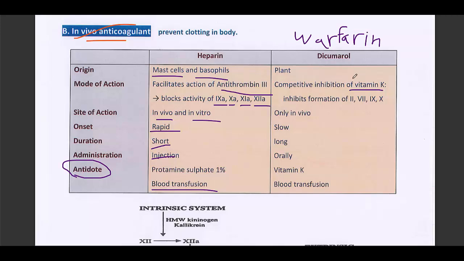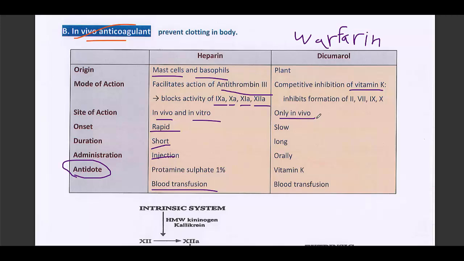Warfarin is the same as dicumarol. It is competitive inhibition of vitamin K. Vitamin K is very important in clot formation. So, if we inhibit vitamin K, we will prevent factors number 2, 7, 9, and 10. So we will close both pathways, the extrinsic and the intrinsic. And that is in vivo only.